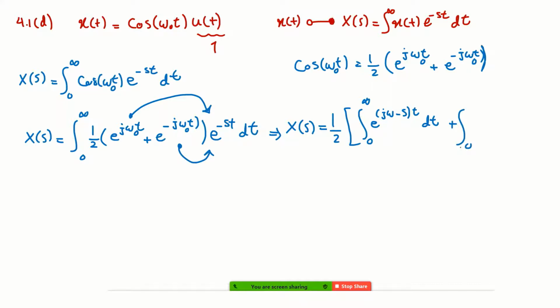So this is the integral from 0 to infinity of e to the power of minus j omega t plus, minus j omega plus s times t, dt. And what I need to do is to simply calculate these integrals.